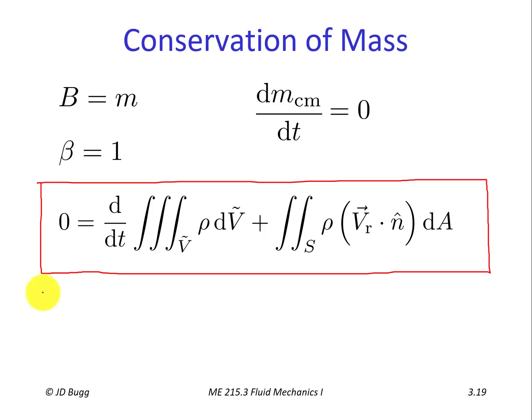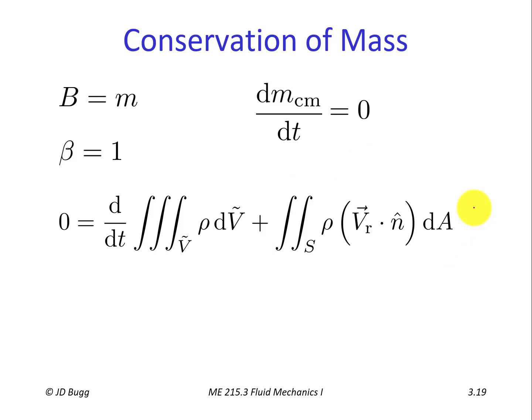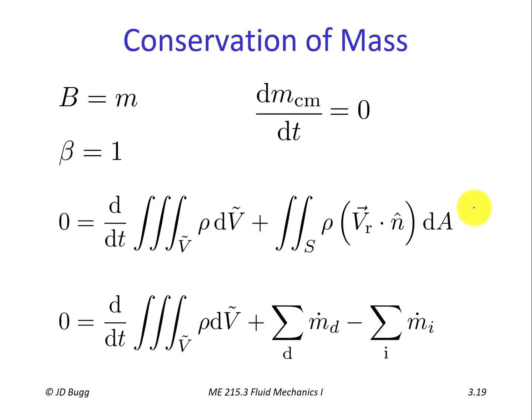Well, in the last video, we looked at a simplified version of Reynolds Transport Theorem that talked about this surface integral, and that was called the uniform version of Reynolds Transport Theorem. In some situations, we can apply that here. So conservation of mass with the uniform assumption applied would look like this.